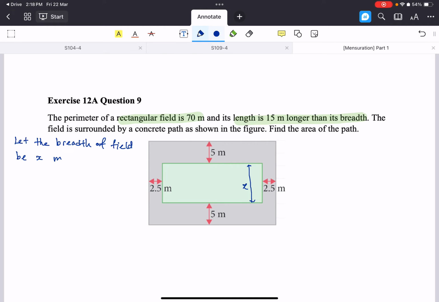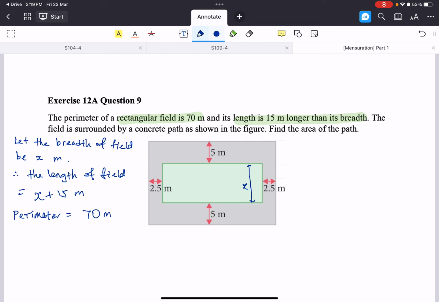Therefore, the length of field equals x plus 15 meters. Notice I label everything, give some context because this is a word problem. It's a good habit to have all this. So once I establish the breadth and the length, perimeter equals 70 meters.